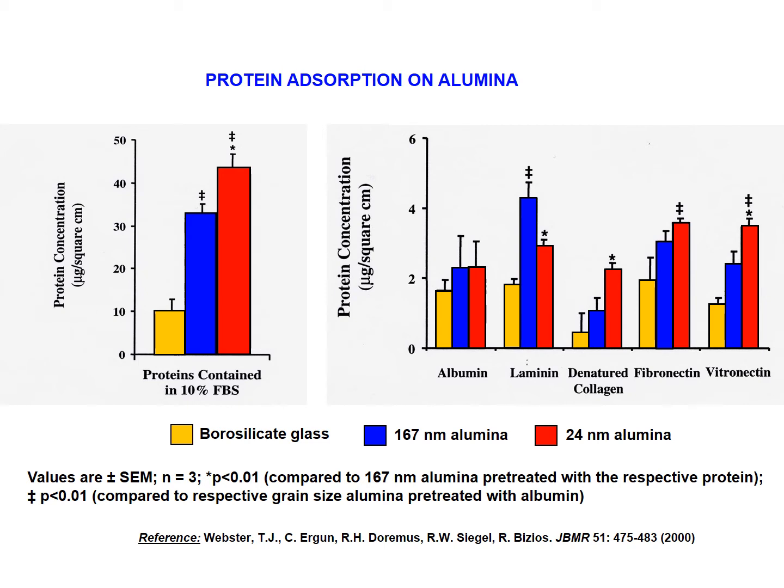The story is much different when collagen, fibronectin, and vitronectin were investigated. These three proteins are known to mediate adhesive interaction of osteoblasts with substrates, natural and synthetic. And you notice that in all three cases, the red bars representing the adsorption of collagen, fibronectin, and vitronectin on the nanostructural alumina are much higher than what adsorption was obtained for collagen, fibronectin, and vitronectin on the respective conventional alumina.